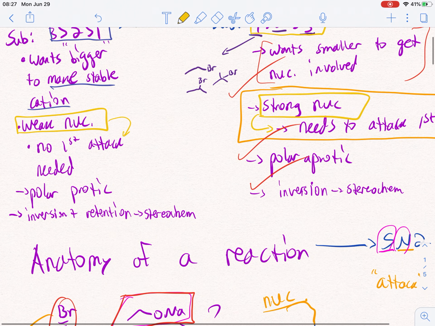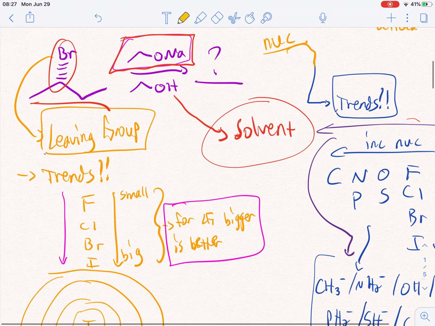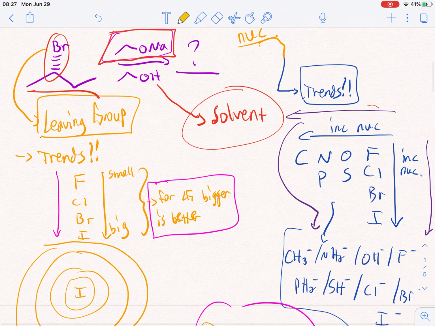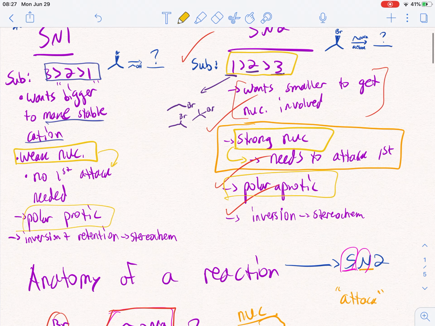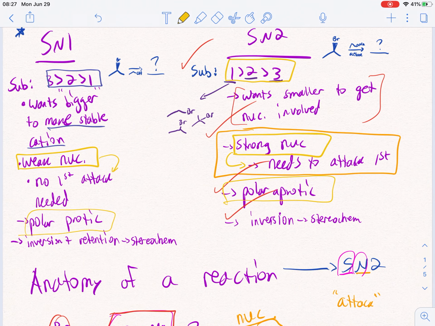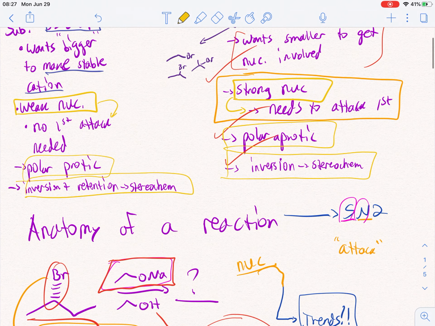And then we have our solvent, polar protic, polar aprotic, and I'll make a video on how the trends do sort of change in the solvent, okay? And so some of them change. And then for SN1 you got an inversion and retention of stereochemistry. SN2 you have an inversion of stereochemistry only, okay? The only reason why I didn't bring up these is that I just didn't want to make this video too long.